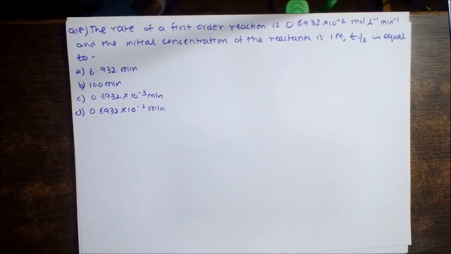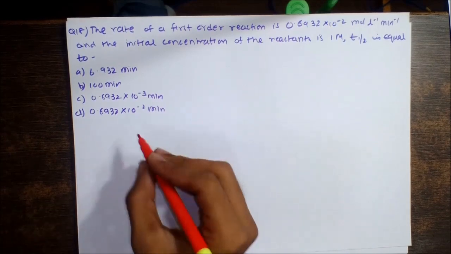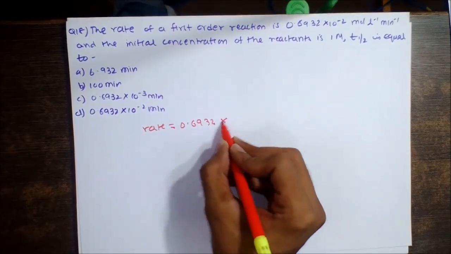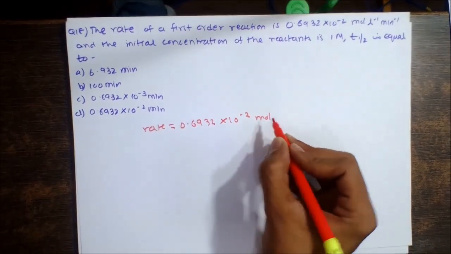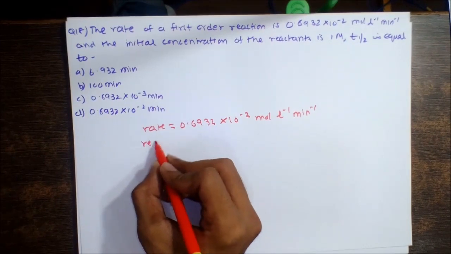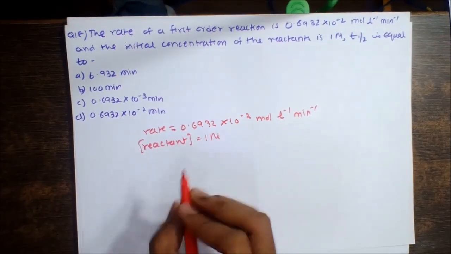Question 18. The rate of a first order reaction is 0.6932 into 10 raised to minus 2 mole per liter per minute. And the initial concentration of the reactant is 1 molar. Half-life is equal to. Rate is given as 0.6932 into 10 raised to minus 2 mole per liter per minute. Concentration of reactant is given as 1 molar.